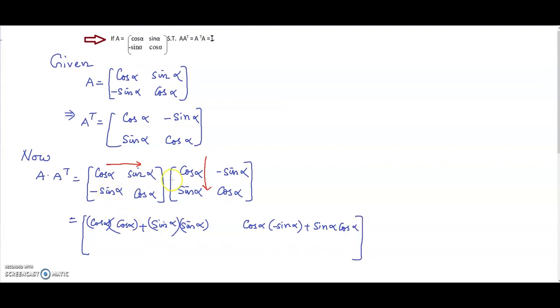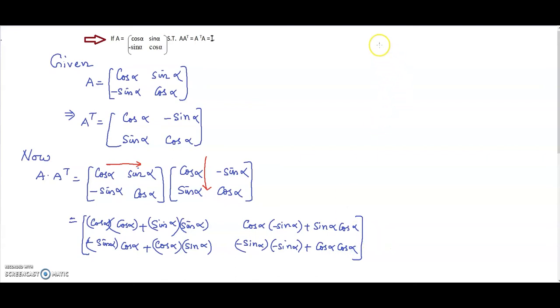Then the second row with the first column: minus sin alpha into cos alpha plus cos alpha into sin alpha. Then the second row with the second column: minus sin alpha into minus sin alpha plus cos alpha into cos alpha.